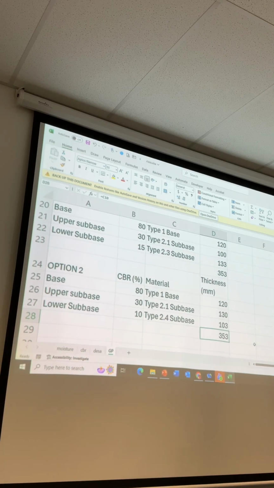So the rules of the first two layers must be minimum 200 with a CBR of 30%. So the lowest base, when the material is CBR less than 30%, for example.